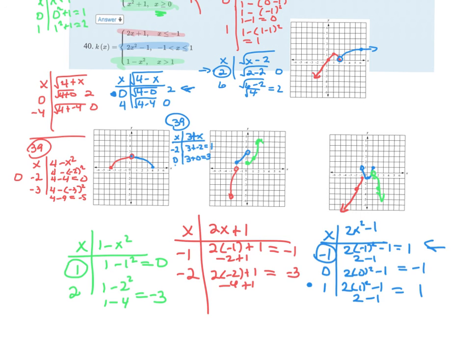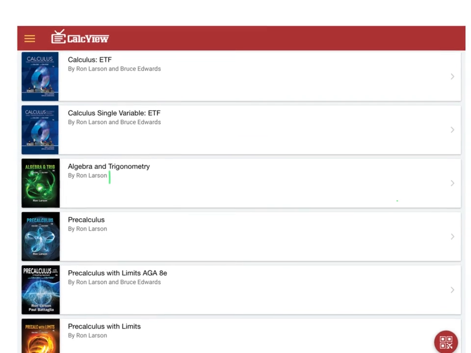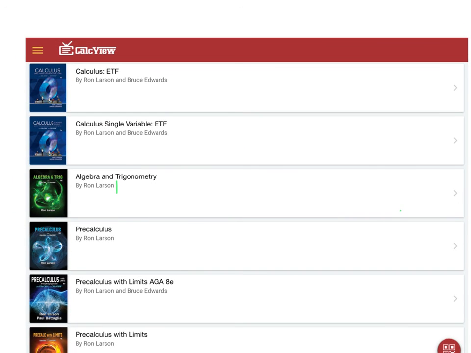Also keep in mind that with your textbook, you can get the app called CalcView. You just look for the picture of the textbook, and it actually has videos of select homework problems worked out. So it does work out in the video from 2.4. It does work out number 35 for you.